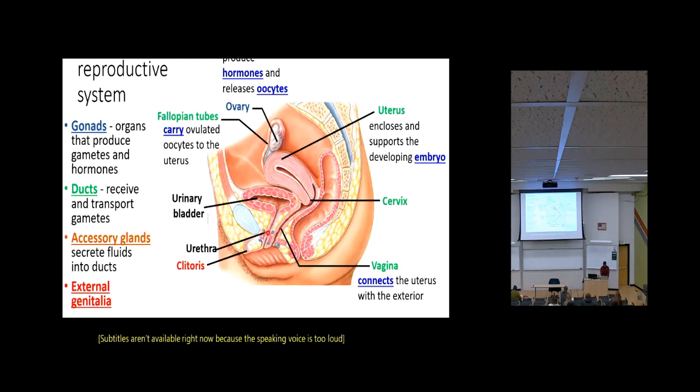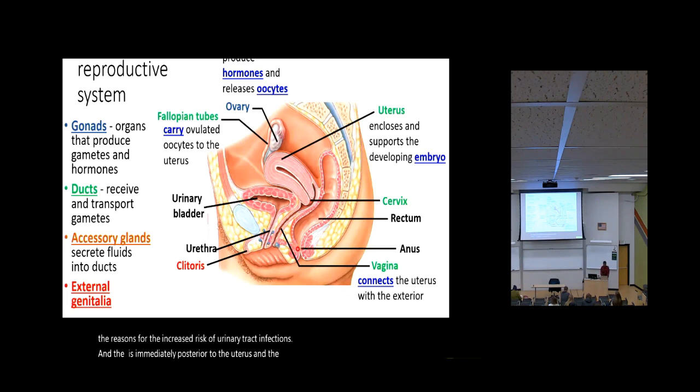And notice that the urethral opening is going to be pretty close to the vagina, and that's one of the reasons for the increased risk of urinary tract infections. And the rectum is immediately posterior to the uterus, and the anus is shown inferior to the rectal passageway.